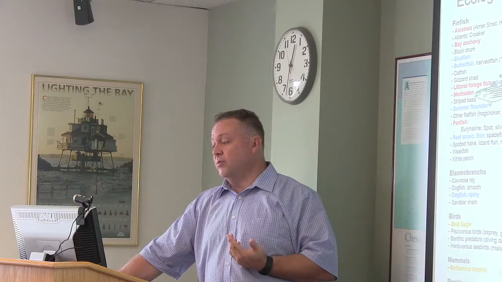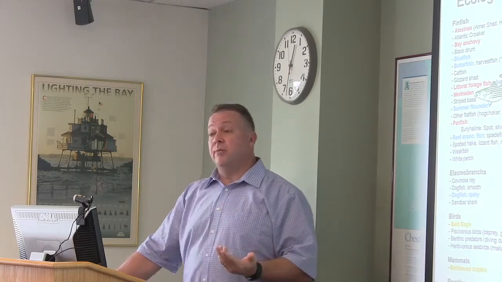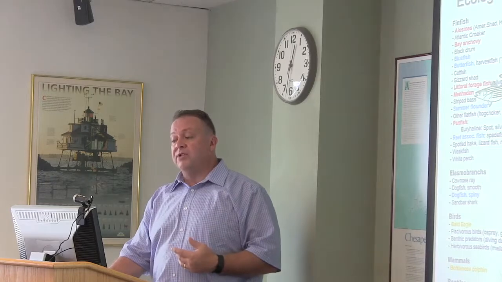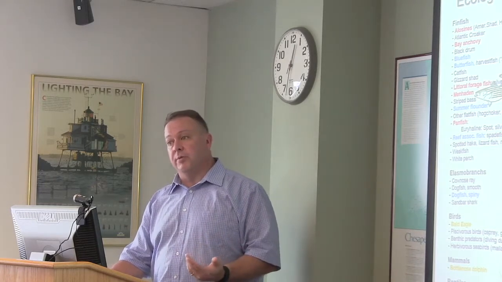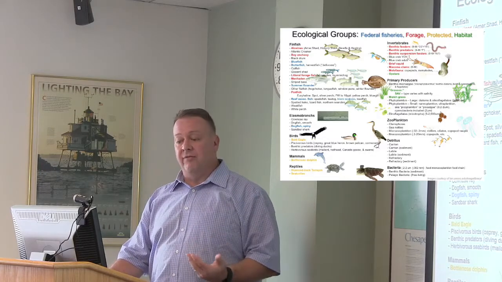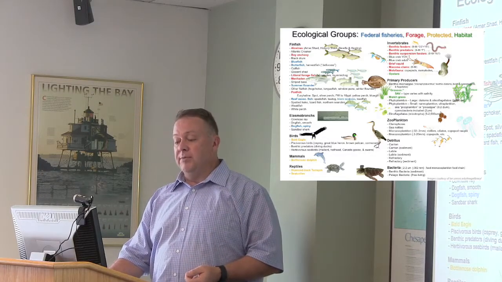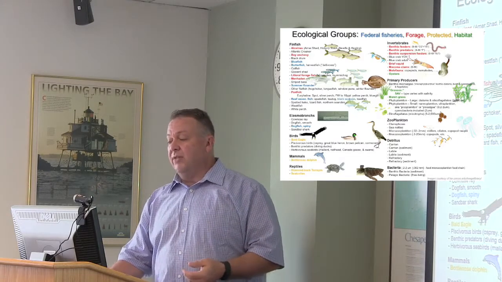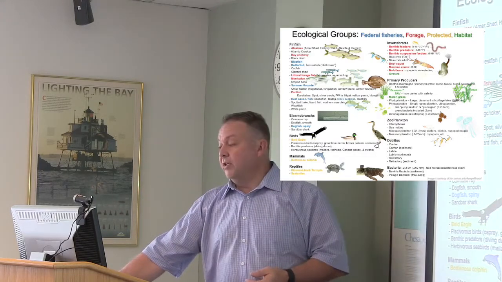There's a lot of structure to our ecological groupings as well. There's 56 groups represented here. Obviously the predator groups that management cares about are included, but importantly so are all the forage groups that are thought to be essential. These are both vertebrate and invertebrate forage, medium size and small, and protected species, and those 3 habitat types that I talked about already.